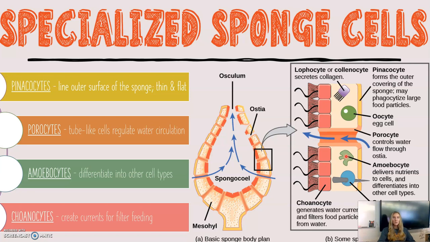And then the last one you need to know for now, you need to know what it is and where they're found, are the choanocytes. Choanocytes are also known as collar cells, and you need to notice that they're flagellated. That flagellated structure is going to help create currents needed for filter feeding, and the collar portion of the cell right here is going to help trap food particles.